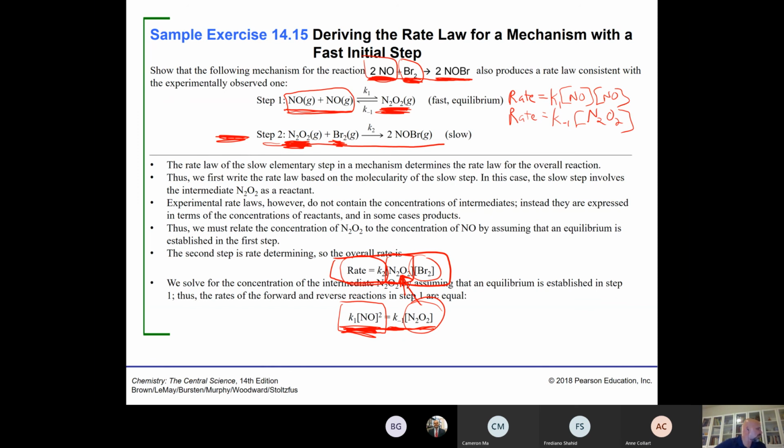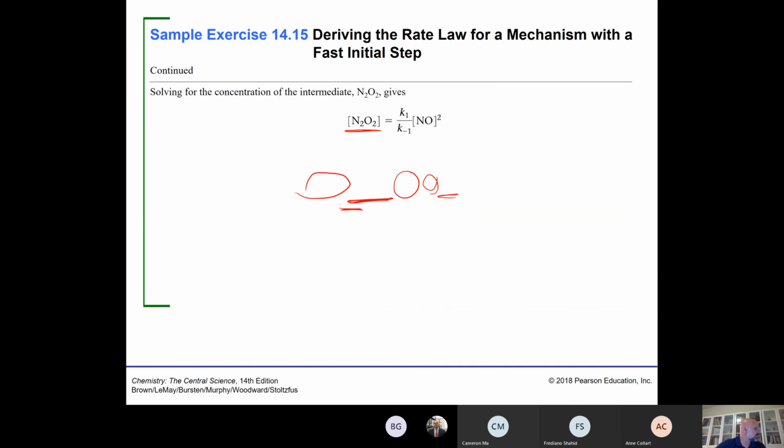Yes. Correct, Kenny. We're substituting N2O2 in terms of the nitrogen monoxide equilibrium constant. Does that answer your question, Freddie? Maybe, hopefully. If not, I can explain it another way.